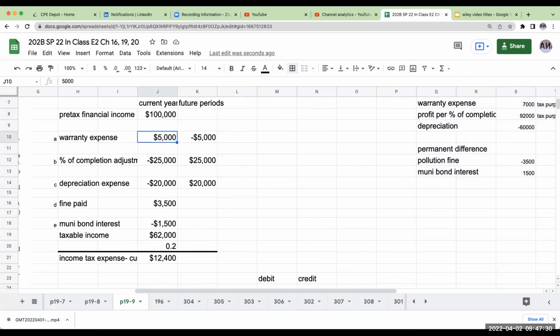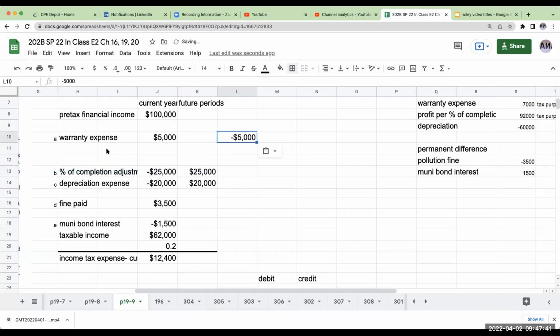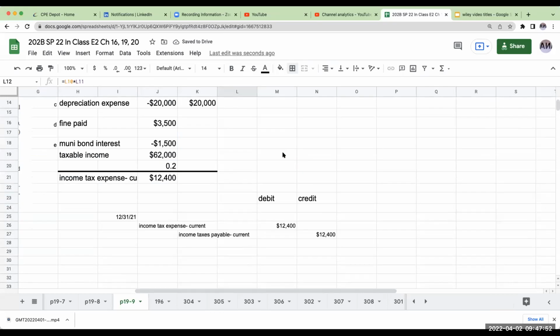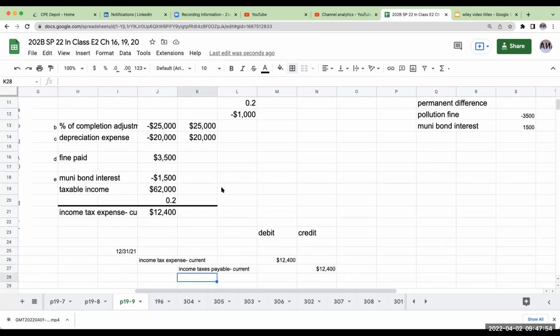I had to increase my income. So this is what we're going to call a deferred tax asset. I'm just going to show this over here so we can look at it separately. So when I take 5,000 and multiply it by 0.2, I get 1,000, and this is going to be a deferred tax asset.